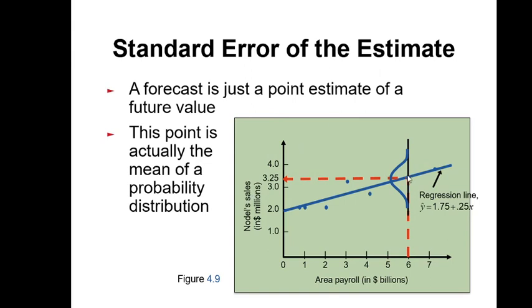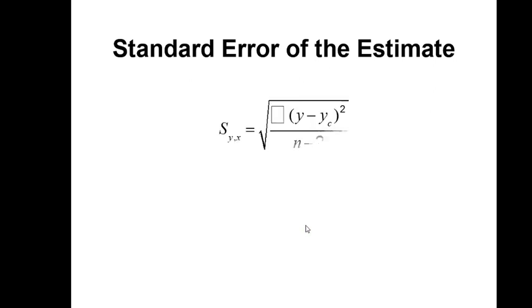So instead of a point estimate here, 3,250,000, we can make an interval, because we cannot always be precise. We want to estimate our sales for next year as an interval. That's why we have to calculate the standard error of the estimate. You can see the formula here.